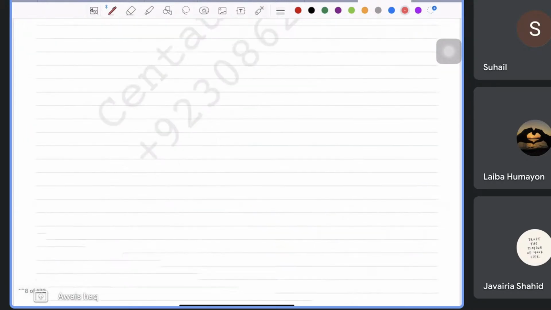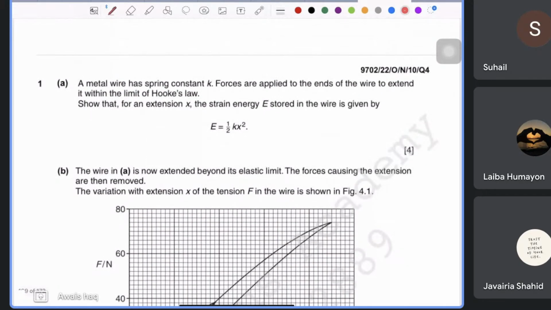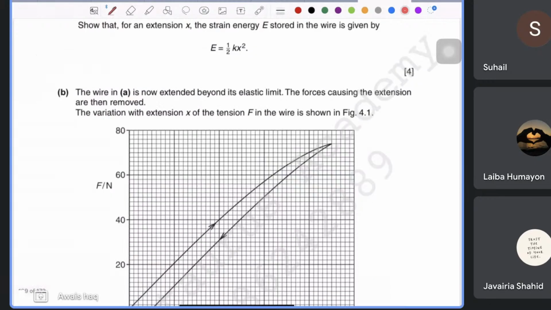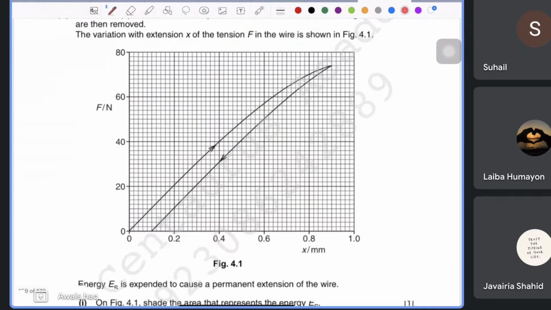Okay, so I'm going to go to the next one. In this question they've said that a metal wire has a constant k, and on Figure 4.1 you have to shade the area that represents energy S. Energy S is expended to cause a permanent extension, so that would mean it's talking about this whole area.